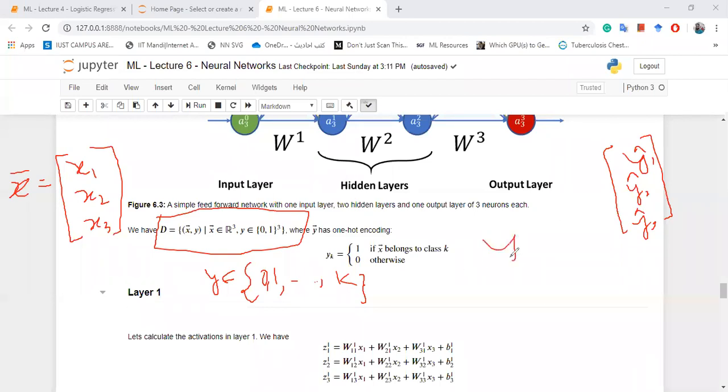What is the probability that this x belongs to class 1? Class 2? Class k? So that is why we modify y as a one-hot vector encoding. In one-hot encoding, y will be a vector of dimension k, and it will have a one only in that place. Let us assume that this y belongs to class k.